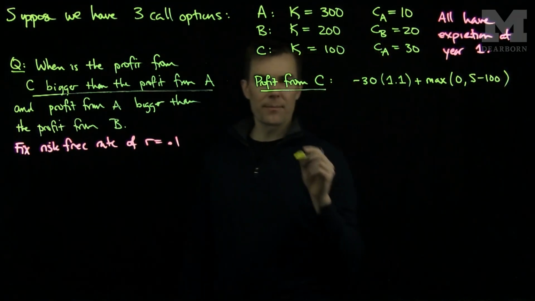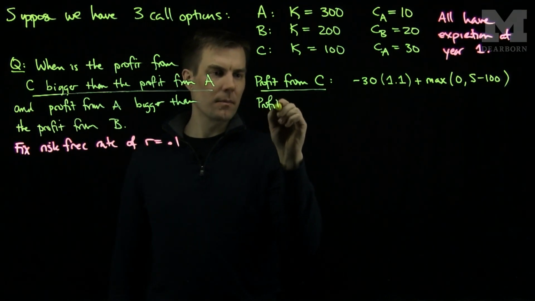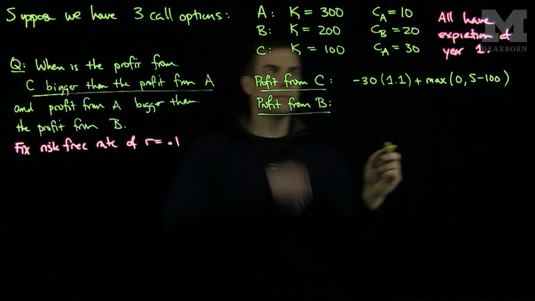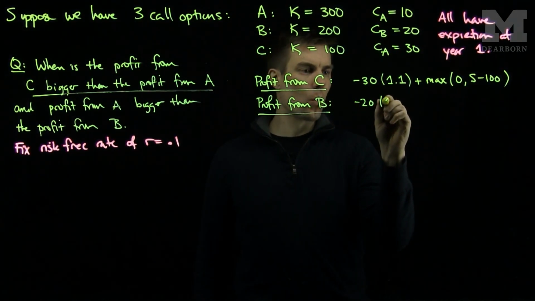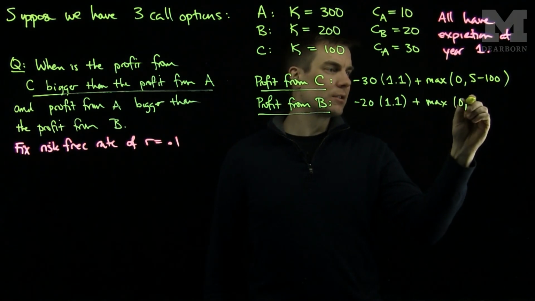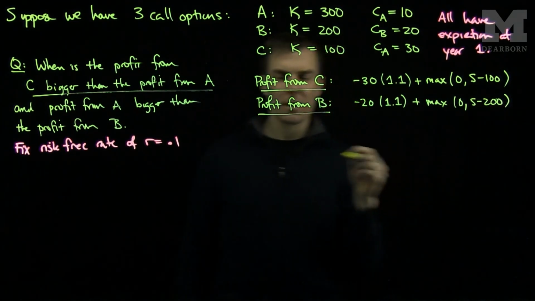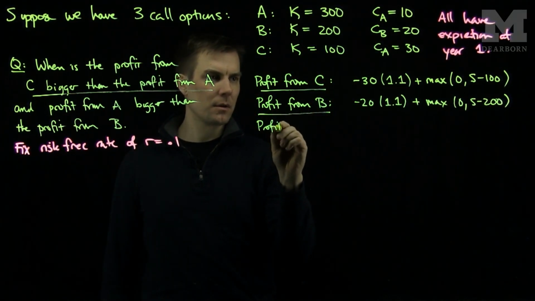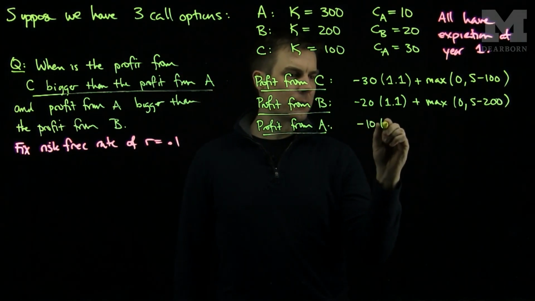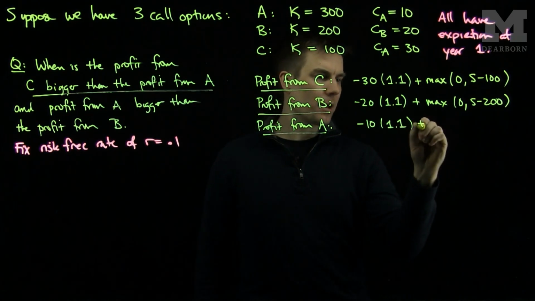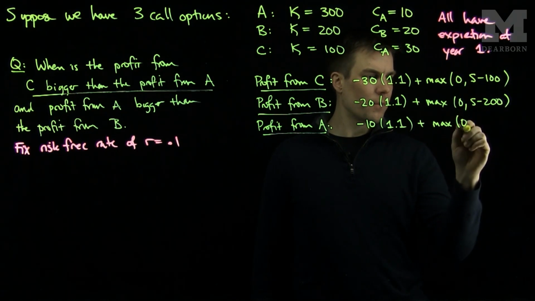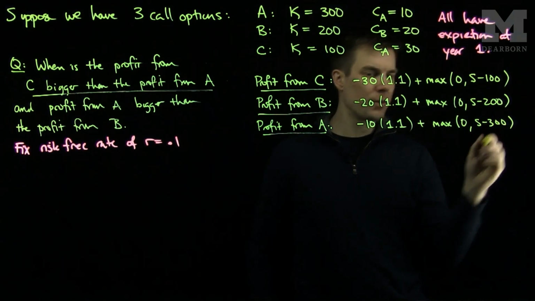That's the profit from C. The profit from B will be negative 20 times 1.1, plus the max of 0 and S minus 200. And finally, the profit from A will be negative 10 times 1.1, plus the maximum of 0 and S minus 300.